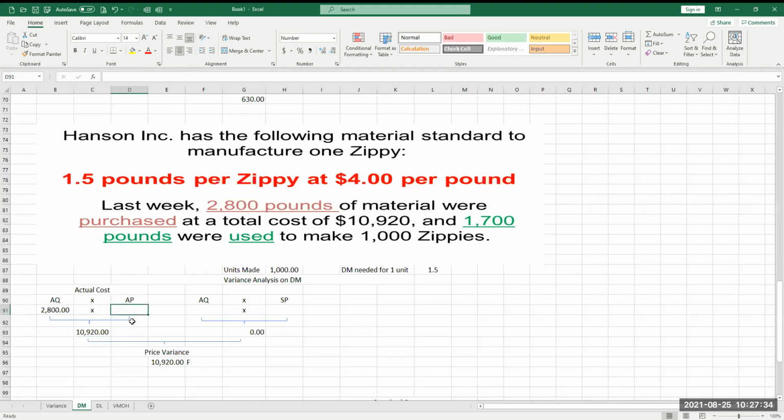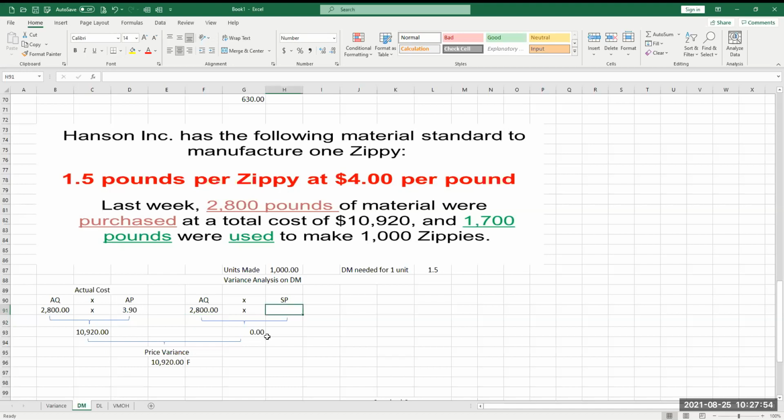So from this, can I get my actual price? Yes, obviously I can. The total cost divided by the actual quantity. So this actual quantity is the one I'm going to use here, right? Because I have to stay in the same reality.